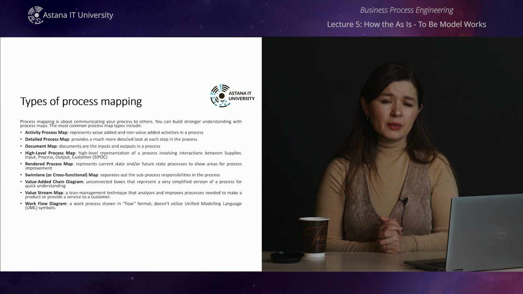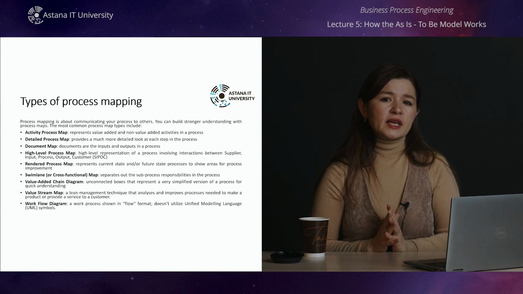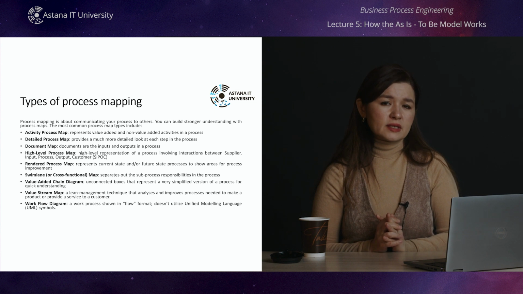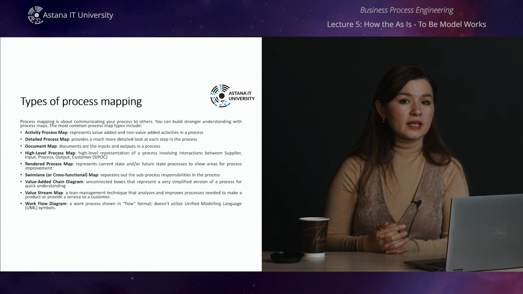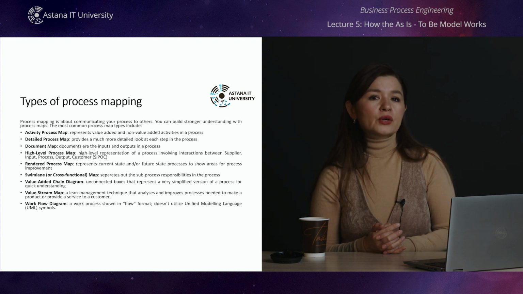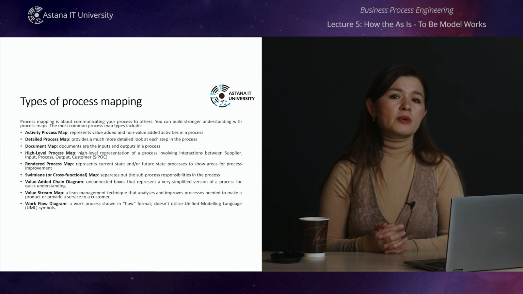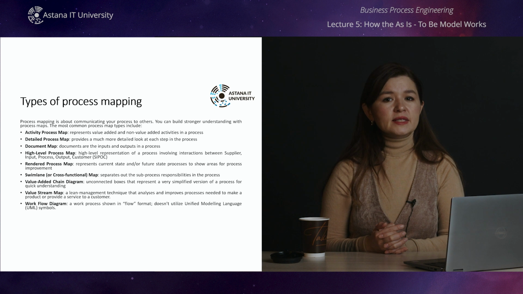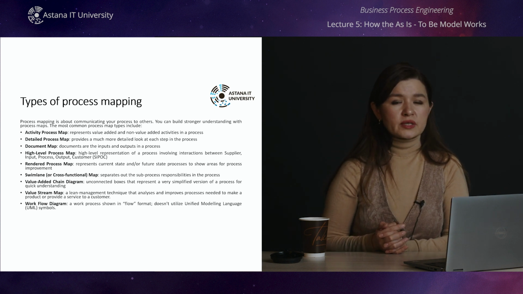Rendered process map represents the current or future state, aiding in visualizing existing processes and proposing changes for enhanced efficiency. Swim lane or cross-functional map separates sub-process responsibilities into different lanes, clarifying cross-functional interactions and handoffs.